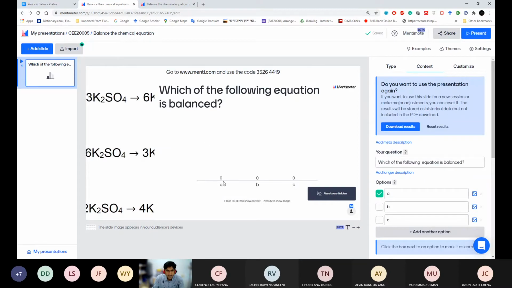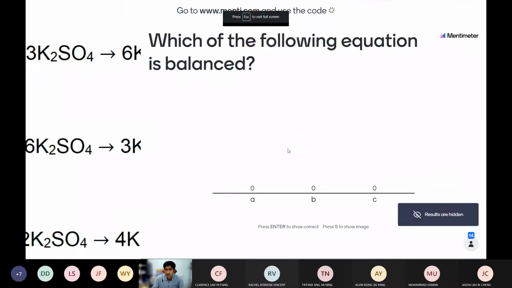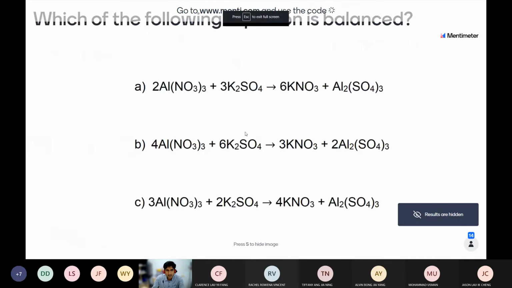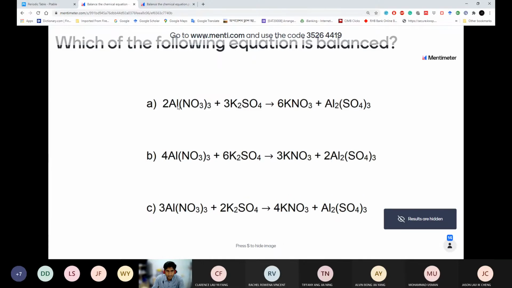So A is the correct answer actually. A is the correct answer because, if we look at all those elements associated here, for A it is balanced on both sides.